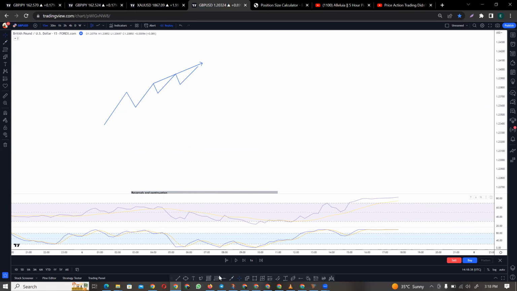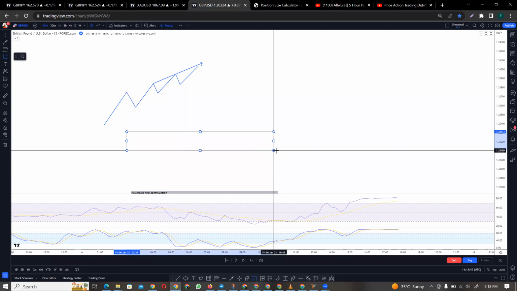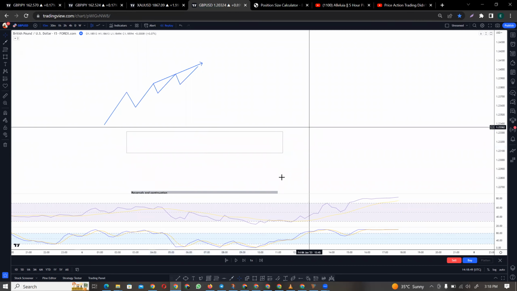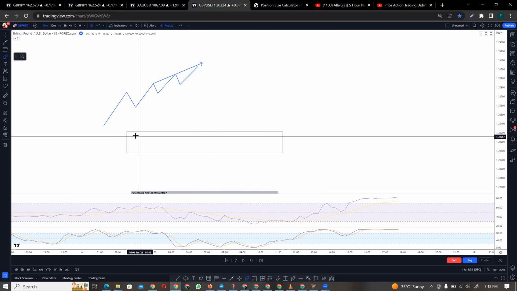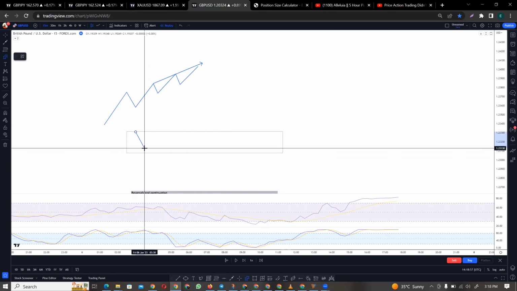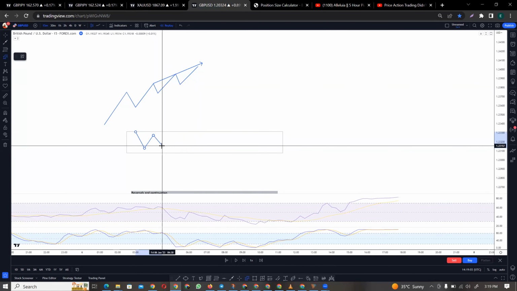Then our RSI is down here, doing its own thing, telling you something about the market. Here now, market was doing lower low, lower high.